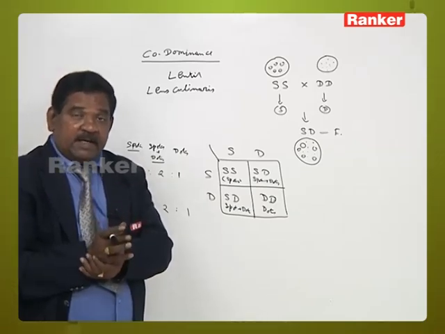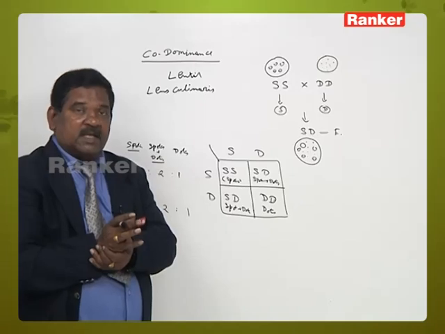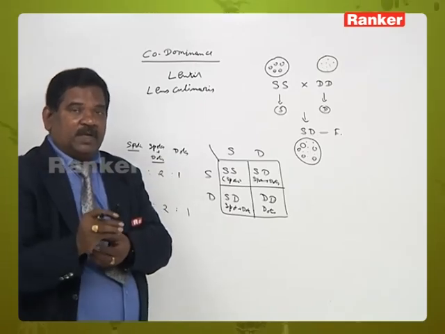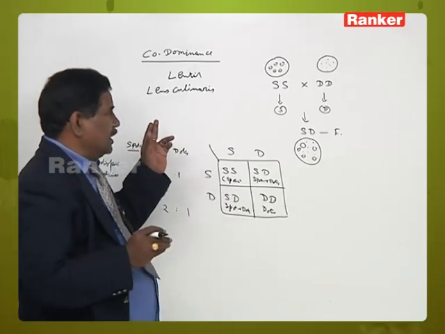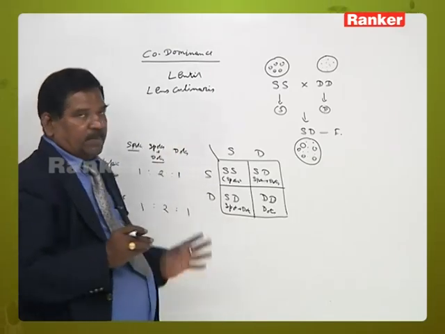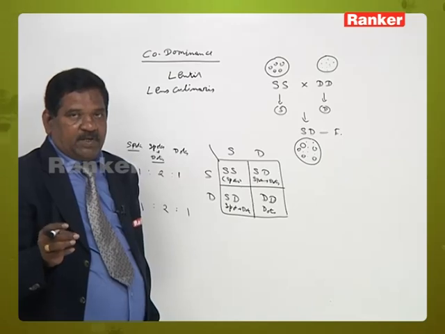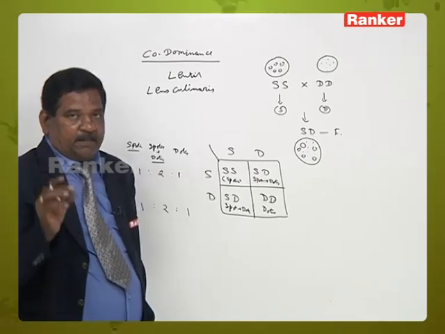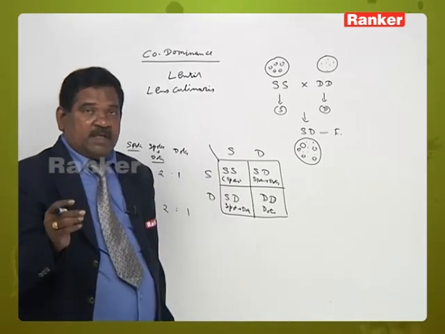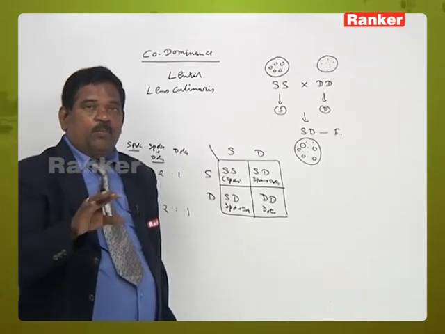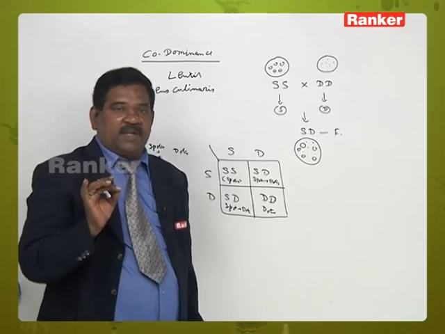In the Mendelian monohybrid cross, the phenotypic ratio is 3 is to 1. In both incomplete dominance and codominance, the phenotypic ratio and the genotypic ratio are the same. In incomplete dominance, no parental character is expressed in the F1 generation.